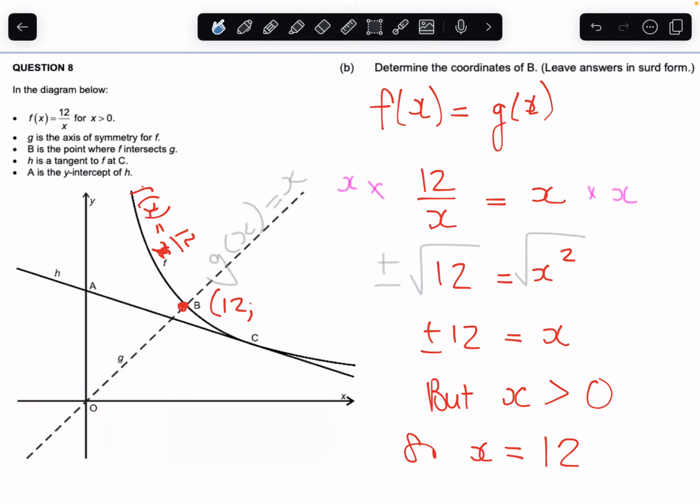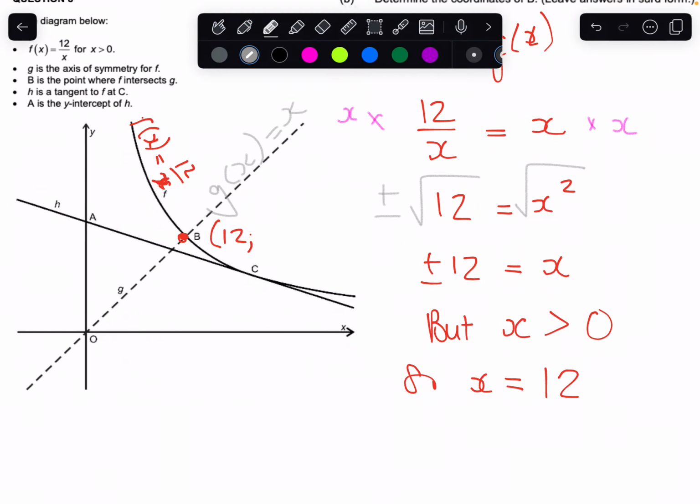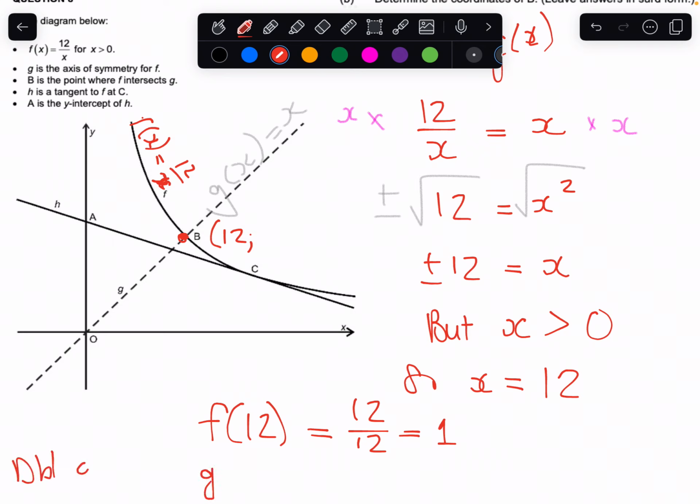Now to figure out the y coordinate, what does the function output when x is root 12? And of course, let's double check with g. Whatever x is, y is in that function.